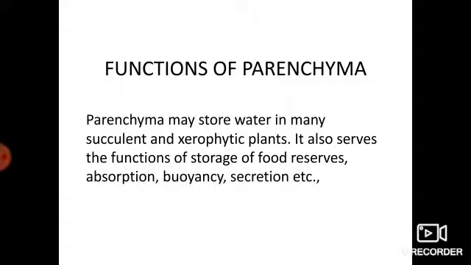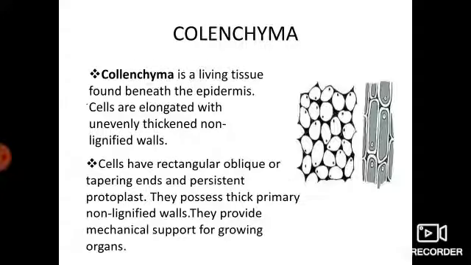The next simple tissue is collenchyma. Collenchyma is a living tissue found beneath the epidermis. Cells are elongated with unevenly thickened non-lignified walls. Here the picture is having the thickenings in the intercellular spaces in cross section.